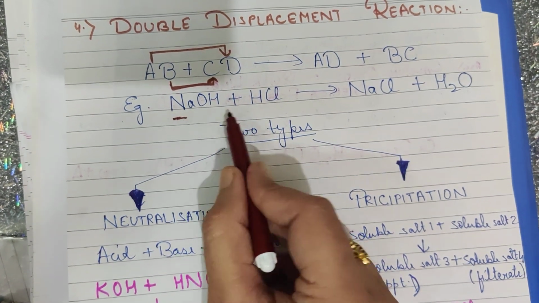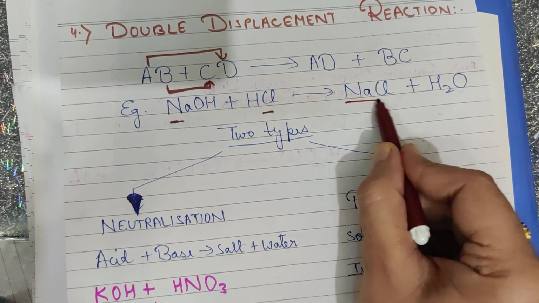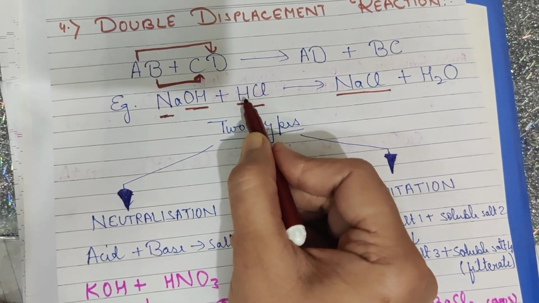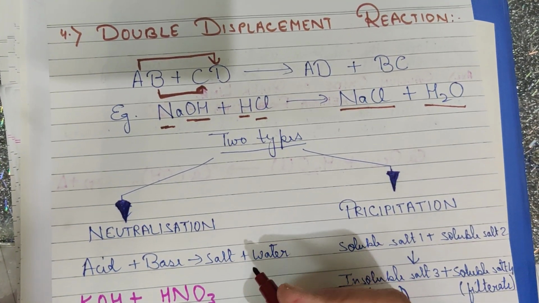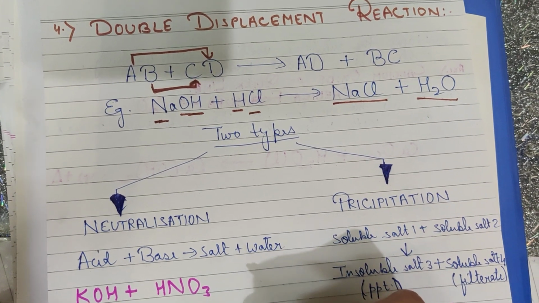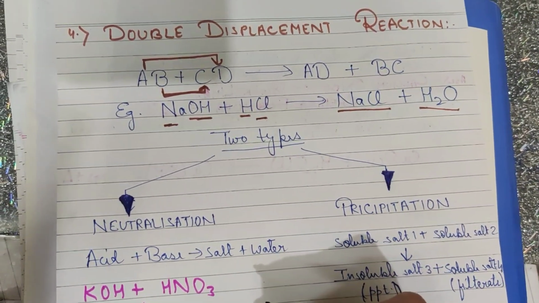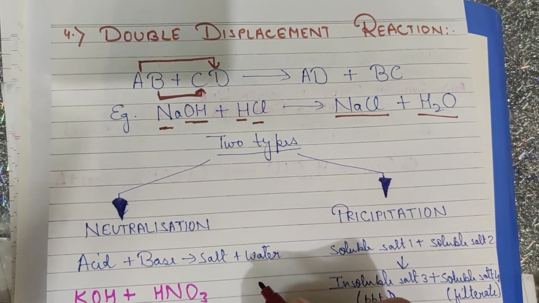This Na is going to combine with Cl to form a new product NaCl, and OH is going to combine with H to form a new product H2O. So in this way you can see here that new product formation has occurred by the double displacement of the cation and the anion towards the reactant side.